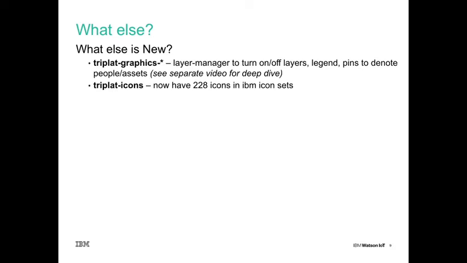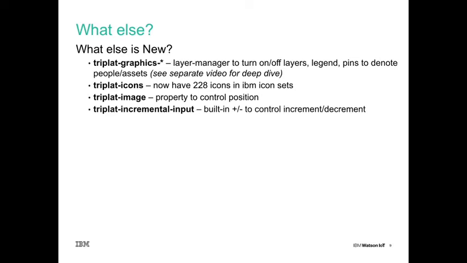For TriPlat icons, we now have 228 icons in our IBM icon sets. For TriPlat image, we have a property to control its position now. We have a new component called TriPlat incremental input that you saw as part of the demonstration of the duration component.